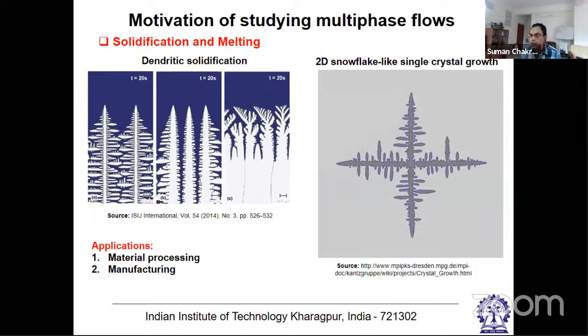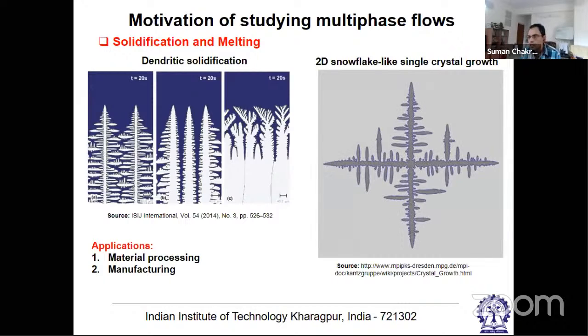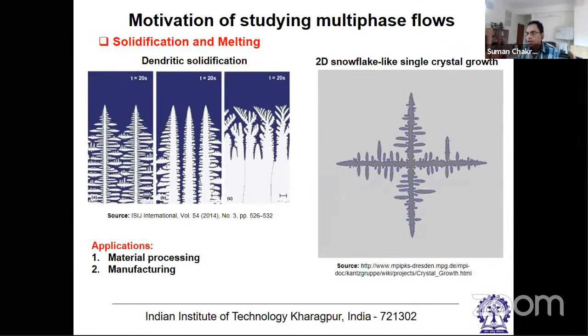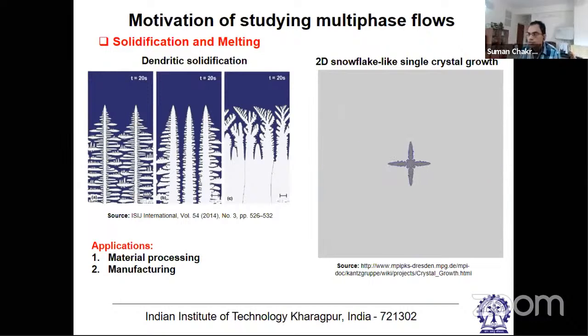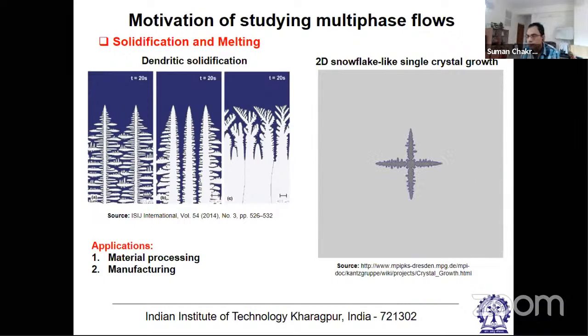While on a large scale you can see that there is a material that is freezing or melting, on a small scale, if you look at the structures, you may get something like the dendritic structure. This is shown here. You may also get other forms of structures which are not dendritic. You can have equiaxed growth or columnar growth.